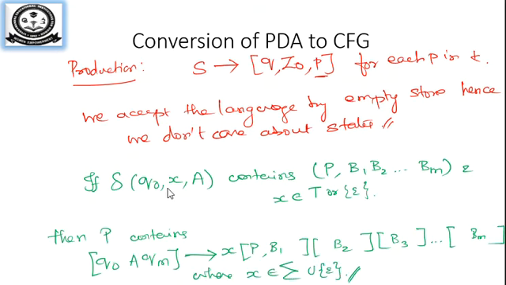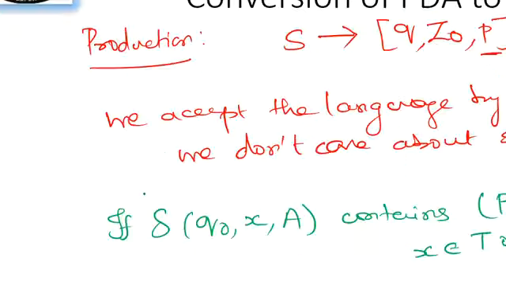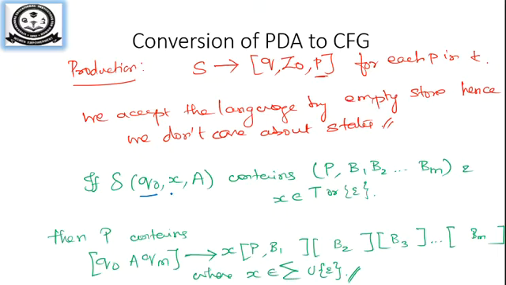So if there is a transition function from the state Q0 for a terminal symbol X with the top of the stack as A, then you will go to some state P with B1, B2, up to BM. These B1, B2 will be non-terminals. So how do you convert this transition function into a production rule? You will write Q0 with the top of the stack symbol and QM, which can be any state. Then this production must be represented.